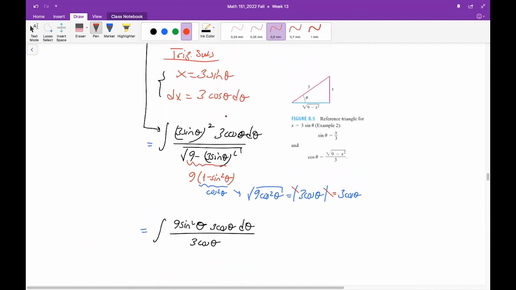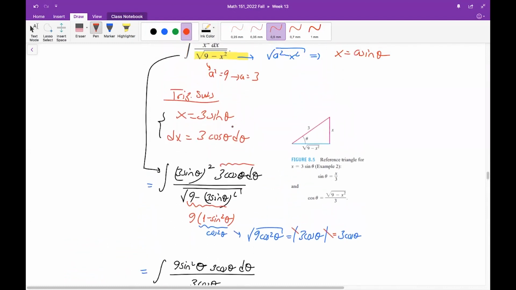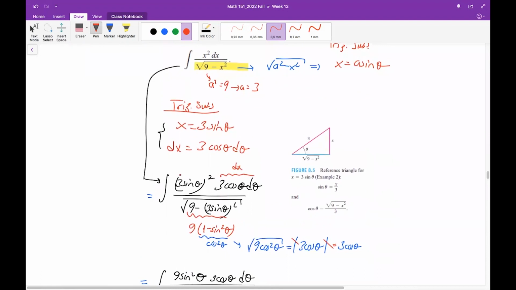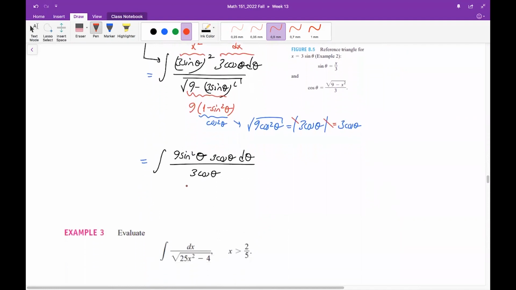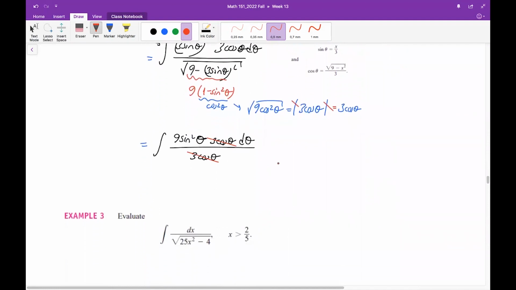Okay, let me just put some details here. This is written for dx, this part is written for the x squared part, and the denominator. So you can simplify these two, and you just have 9 times sine squared theta d theta.